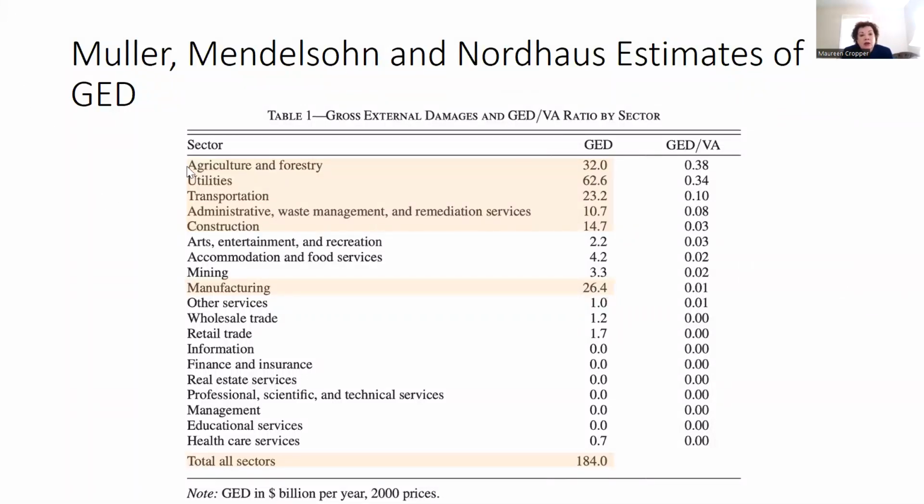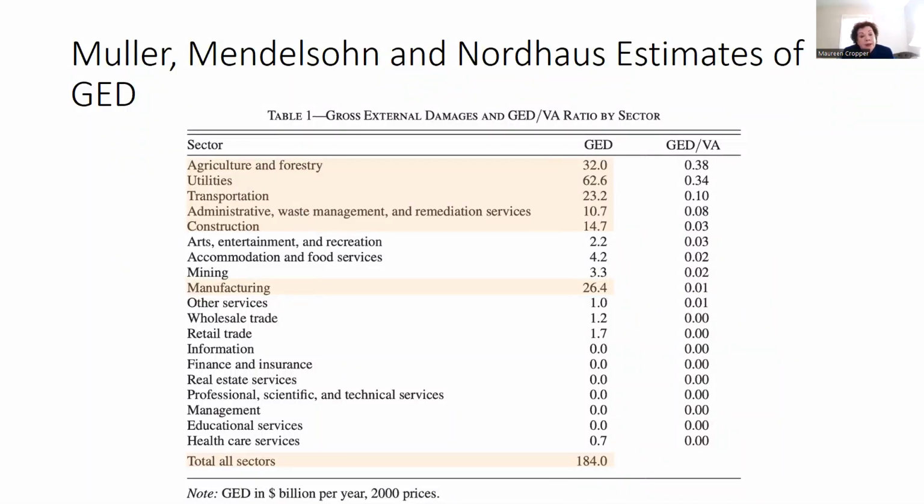You can see that the large damages are coming from the highlighted sectors: agriculture and forestry, where damages were estimated to be $32 billion; utilities, the highest, $62.6 billion; transportation, waste management, construction, all big contributors; manufacturing. And if you sum the damages from all the sectors, it comes out to $184 billion.